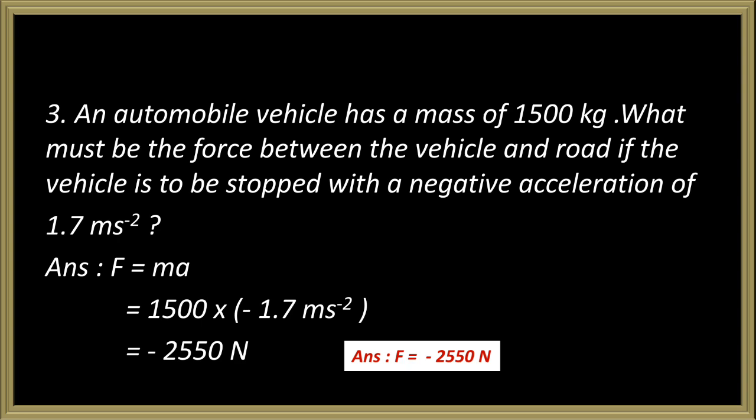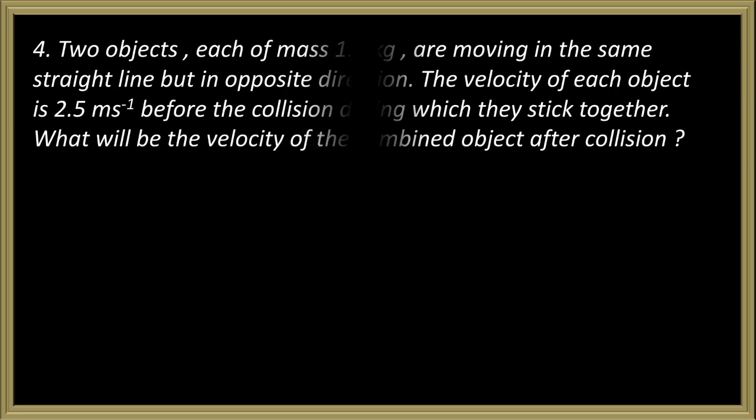What must be the force between the vehicle and road if the vehicle is to be stopped with a negative acceleration of 1.7 meter per second square? Very simple, we can use F equal to ma, putting the value of m and a equal to minus 1.7 meter per second square. So the force is minus 2550 Newton.